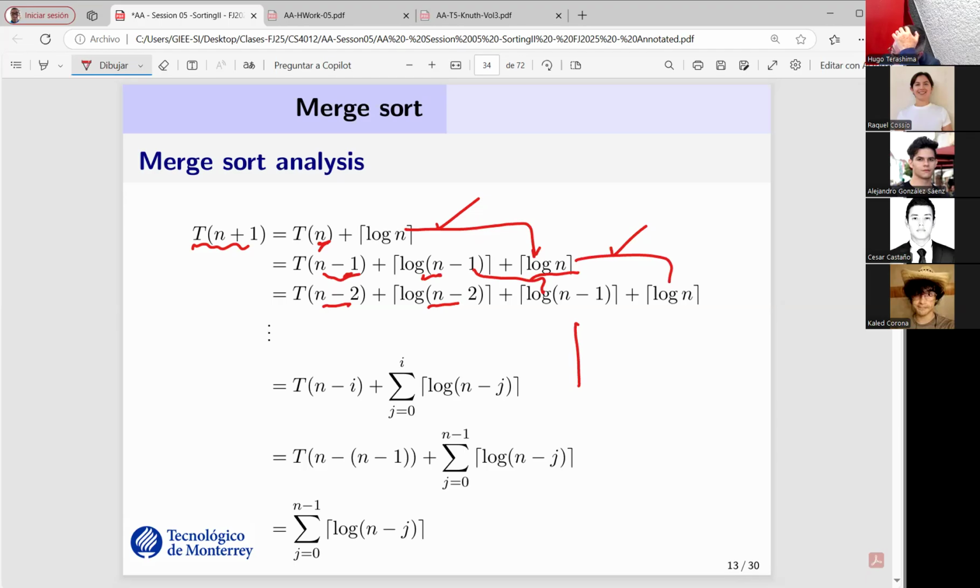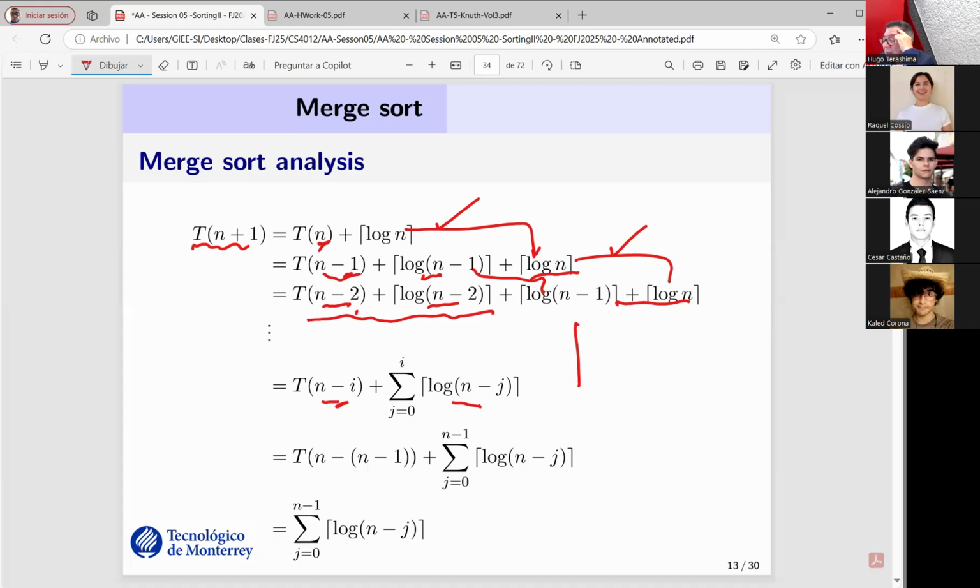Now, I'm going to leave you this substitution. For the ith step, I'm going to have t of n minus i, and this expression, which is the sum of logs.